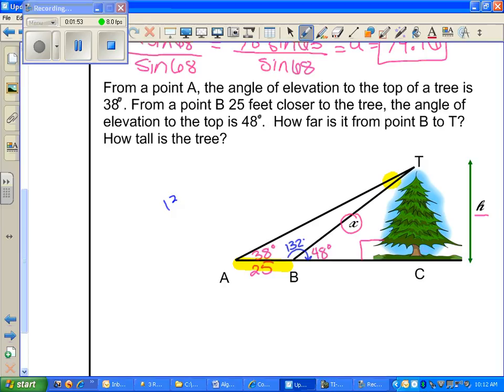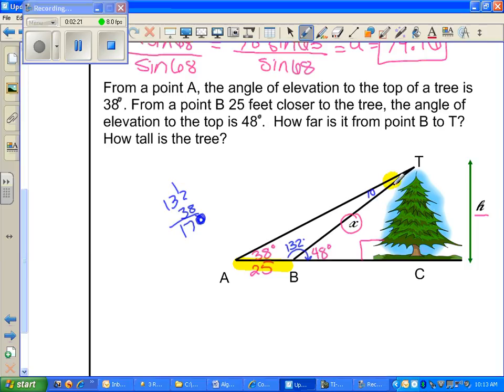Then 132 and 38, combine those together, is 178. So how many degrees is up here? It's 170. That's a 0. Sorry, 170. So 10. Thank you. Did I say 8? I don't remember if I said 8 or 0. Looked like an 8. So that angle there is 10.